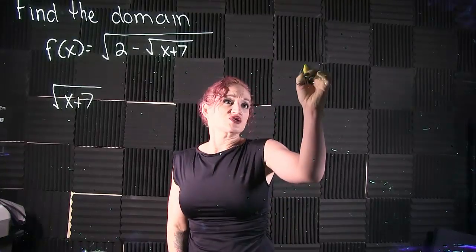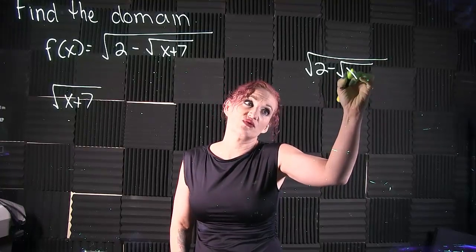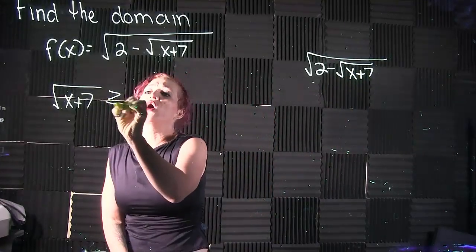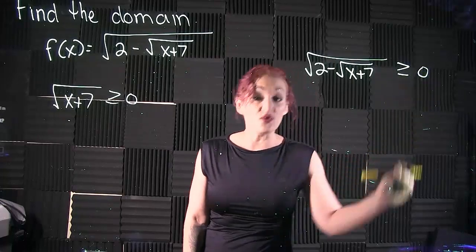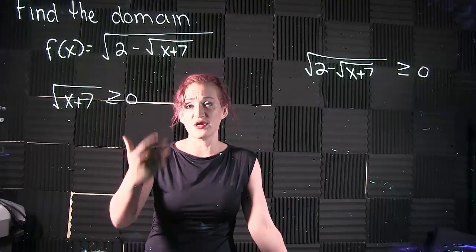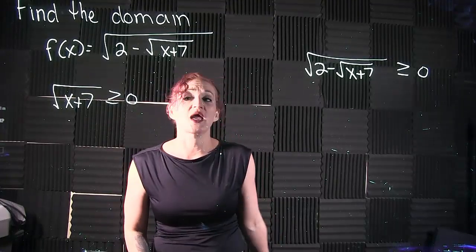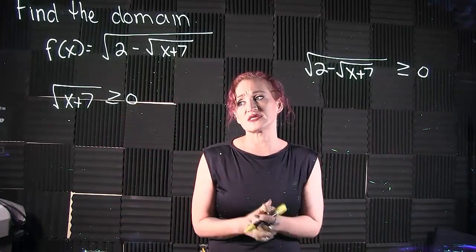We also have the square root of 2 minus the square root of x plus 7. We want to solve both of these when they are positive, right? We don't want any negative numbers underneath our square root symbol. 0 is okay, so we're going to set them greater than or equal to 0 and solve.